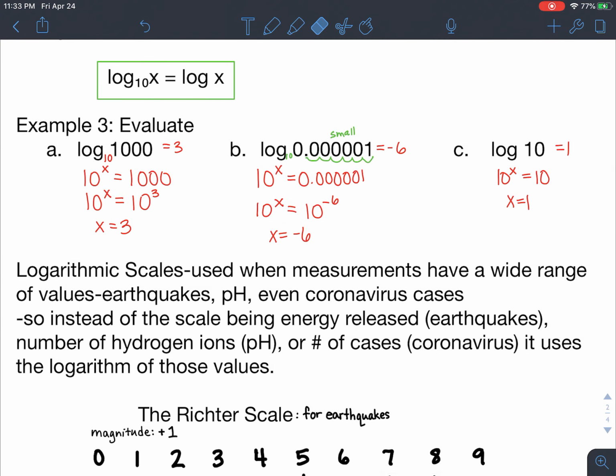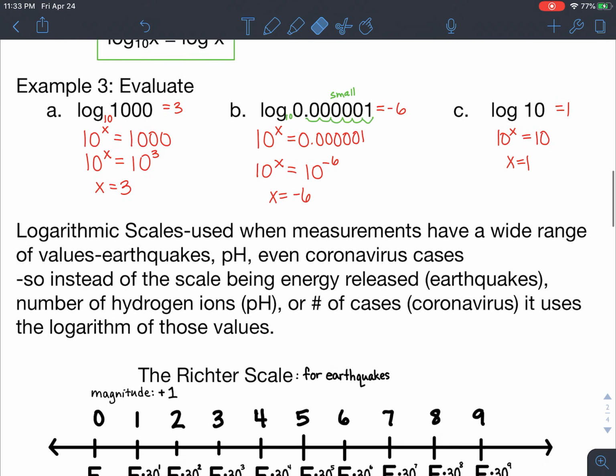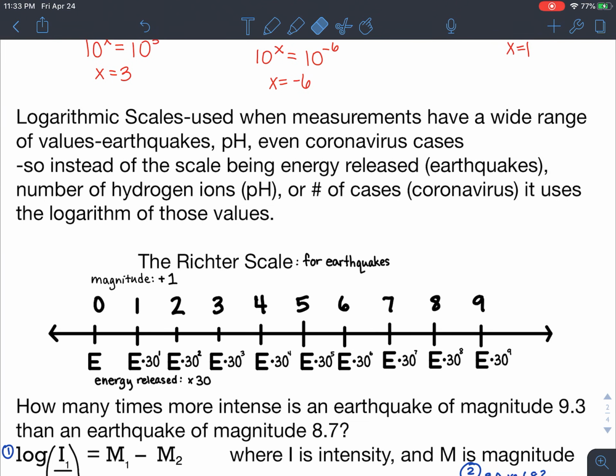Logarithmic scales. So this is like a practical use of logs. Logarithmic scales are used when measurements have a really wide range of values. And some examples here are earthquakes, pH, which measures acidity of a substance like in chemistry, even the coronavirus.